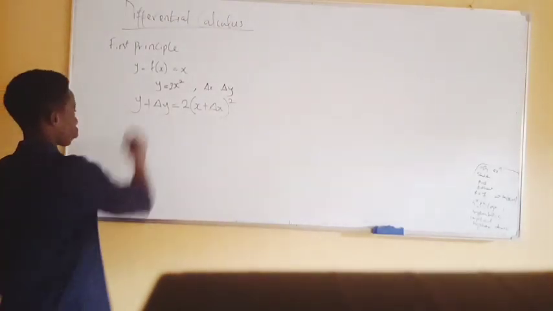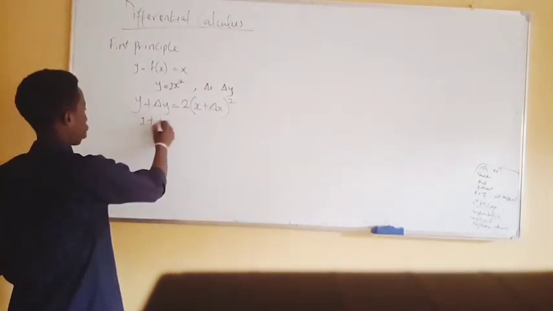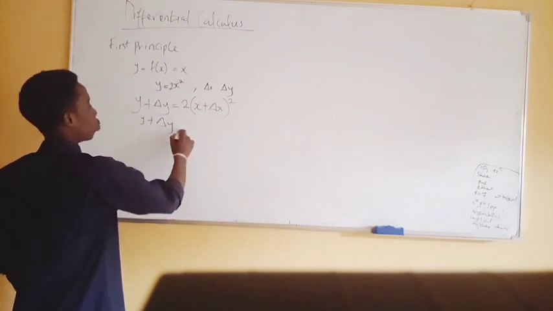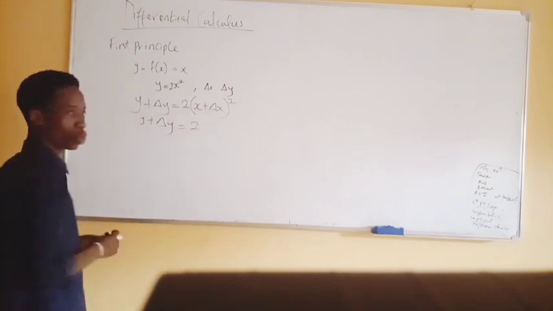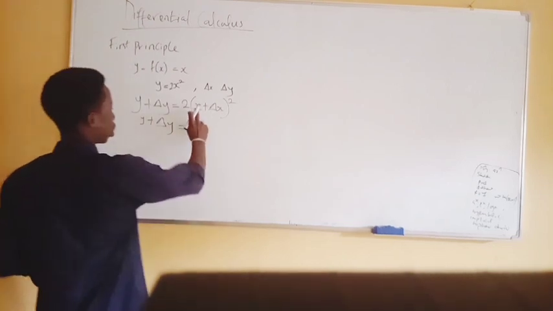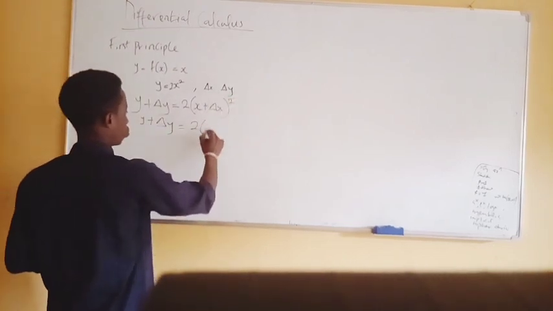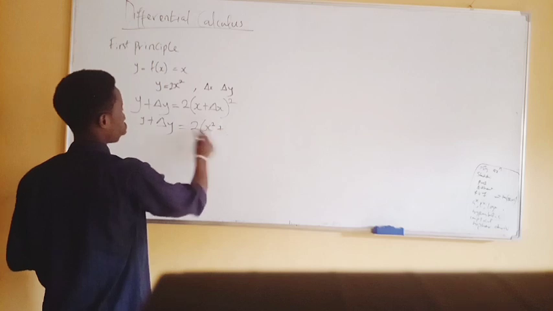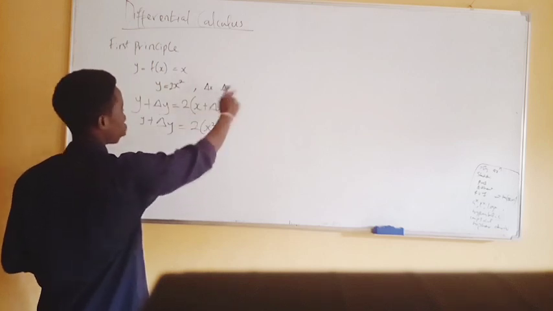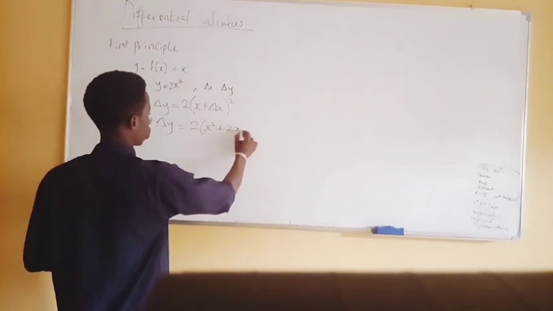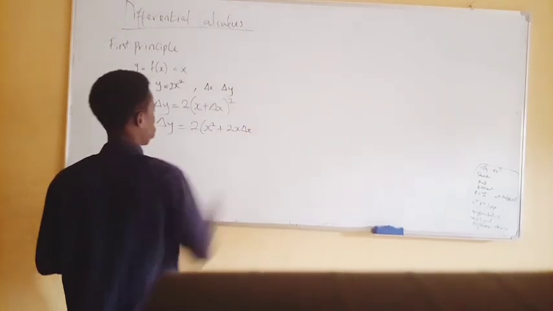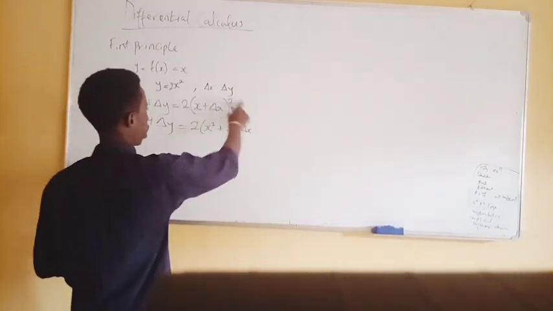Now, y plus delta y will give us, we have to expand this. To expand this is a very simple thing. x to the power of 2 plus 2x delta x plus delta x all squared.